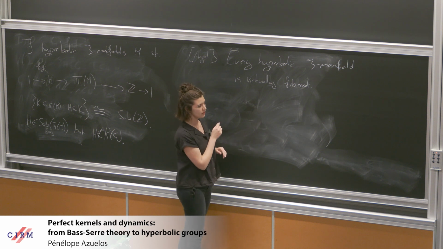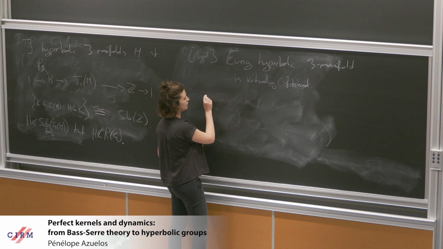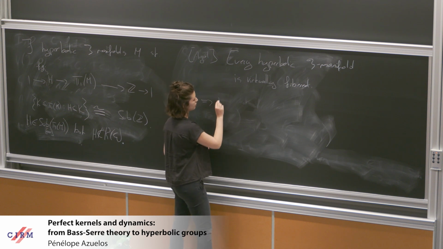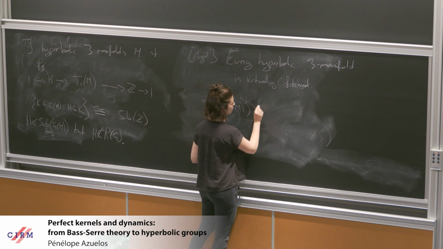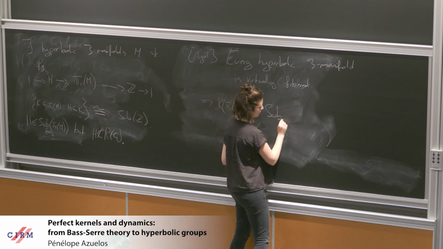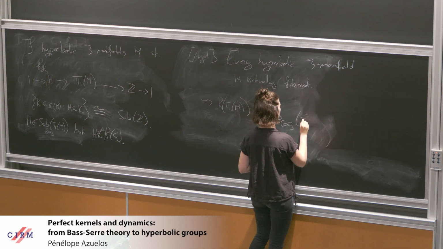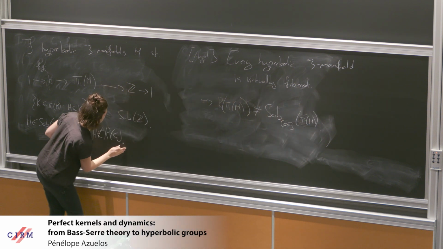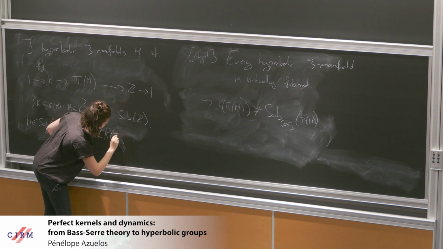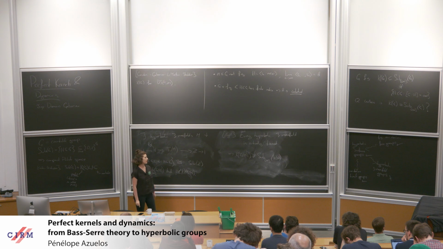So that equality really doesn't hold in full generality. Okay, so we'll be able to say something a little bit more precise about this, but I'll get back to that in a second.